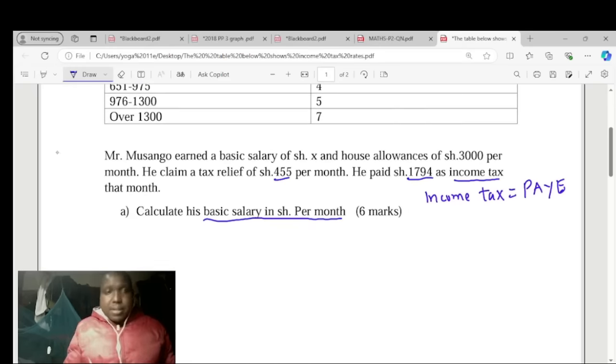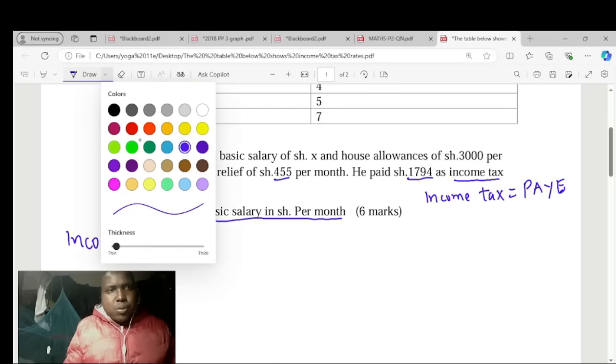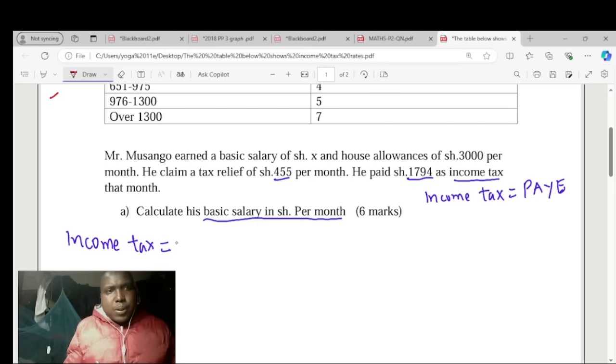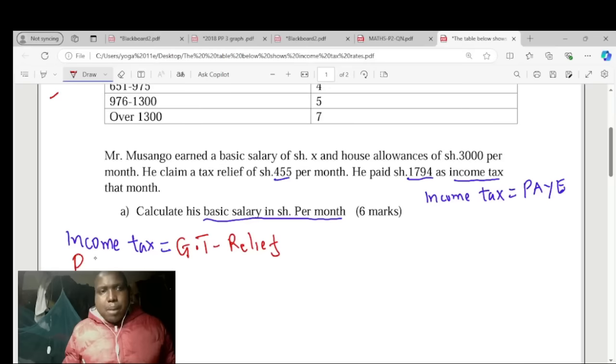We know that pay, income tax, is the same as pay, is equal to gross tax minus relief. That's what we know. So pay ndio tumepewa, amelipa 1794 per month.